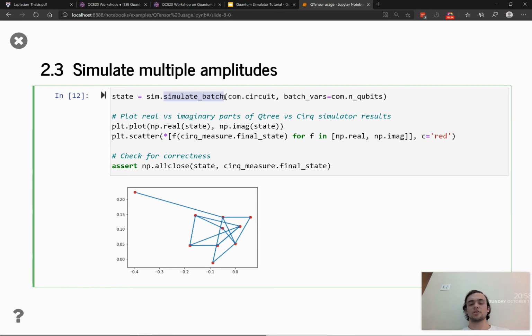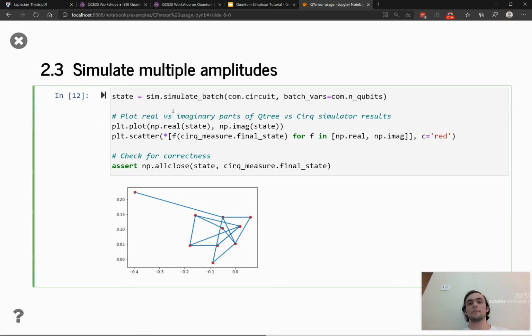A scalar doesn't have a dimension; it's just a number. Well, if we want to simulate several amplitudes, we want to leave out some dimensions at the end of our contractions, so that the object we are left with is a tensor that we can reshape into our state vector. This is why this method is called simulate batch.